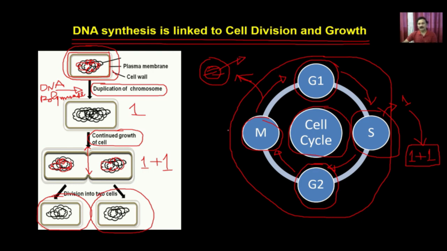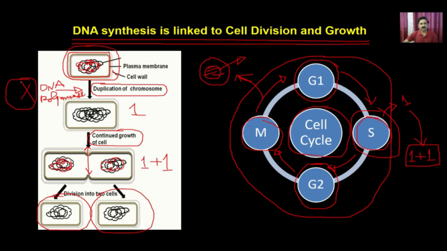So what we have understood from these two examples is that if you remove the DNA polymerase from this whole exercise, so in the S phase, the DNA polymerase is very active, whereas in the case of a bacterial cell, when the duplication of the chromosome starts, at that stage the DNA polymerase is very active.